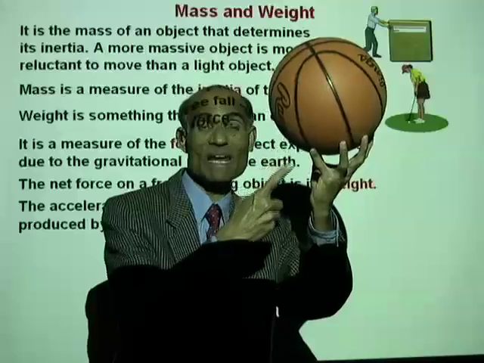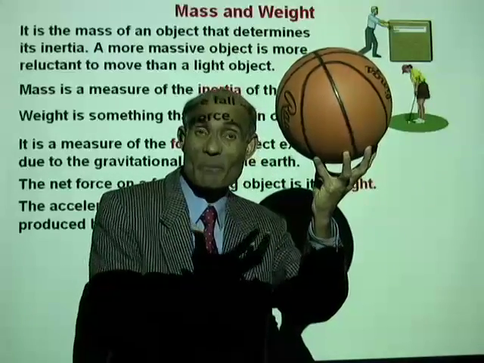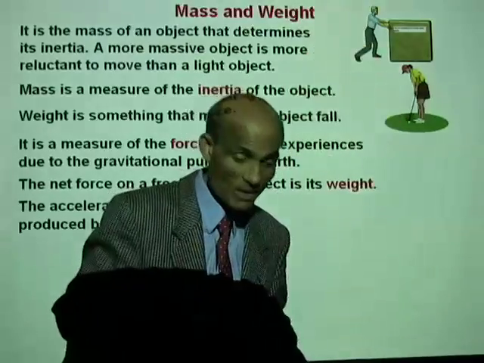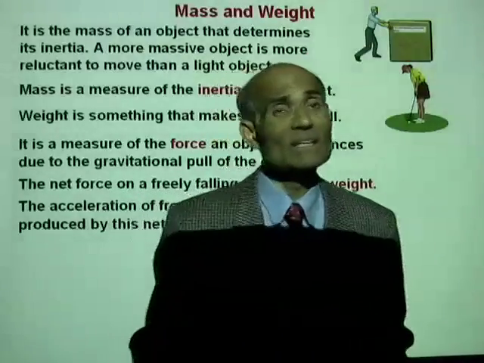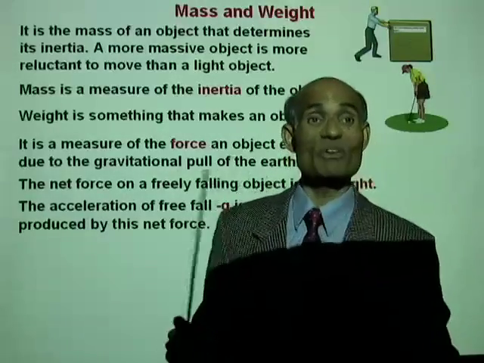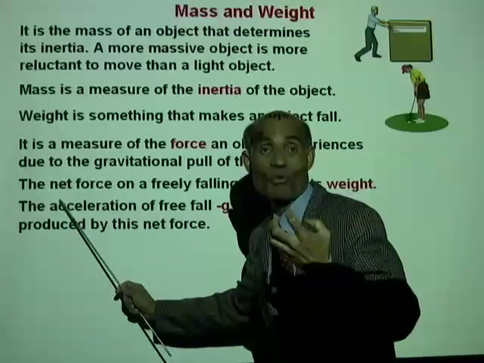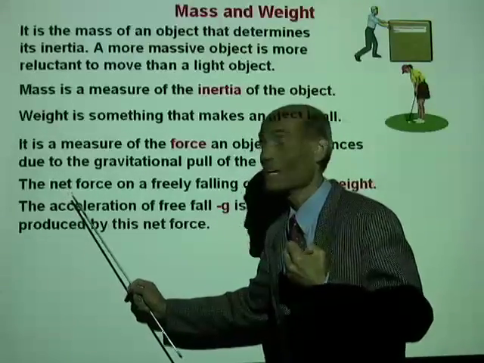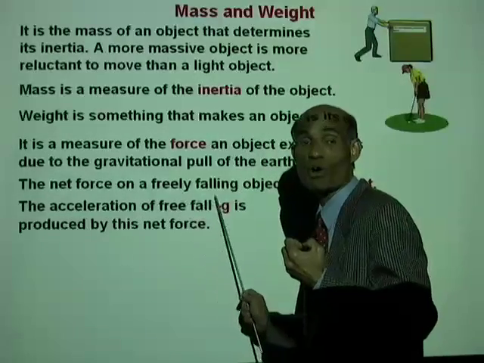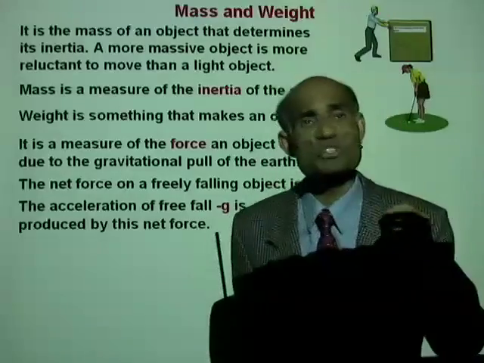That means the moment I let it go, it is going to accelerate. That means the weight of an object will make it accelerate. And the acceleration produced by the weight of an object, or the acceleration produced by the force of gravity on an object, is called the acceleration of free fall, and we will represent it by negative g.